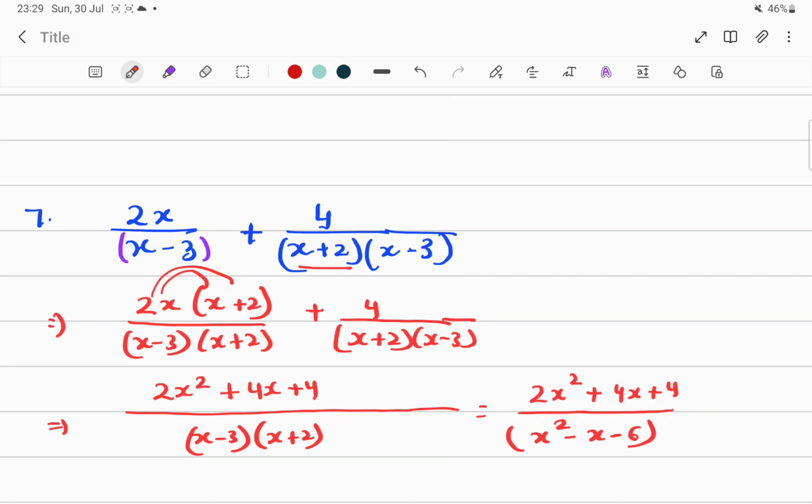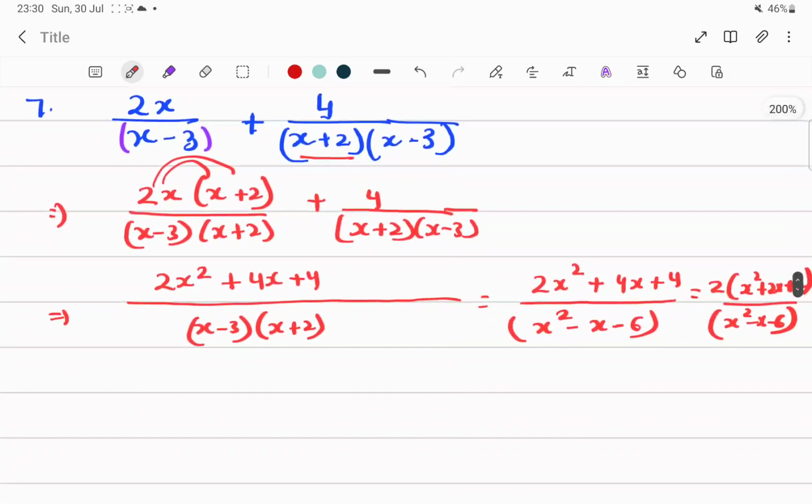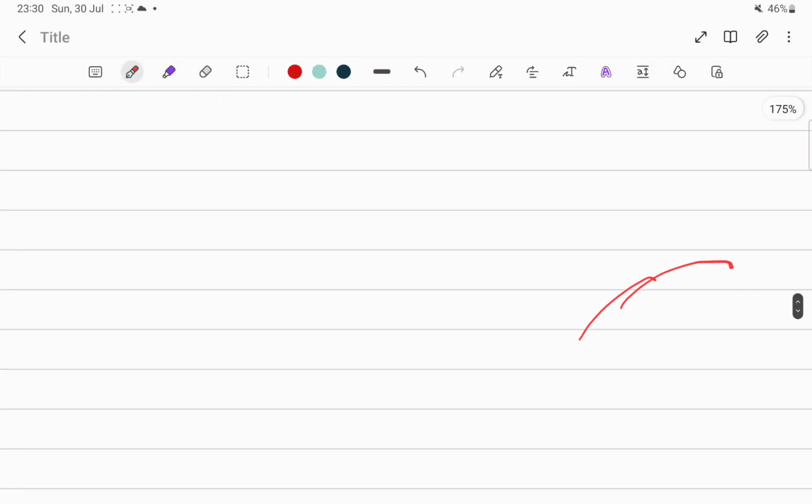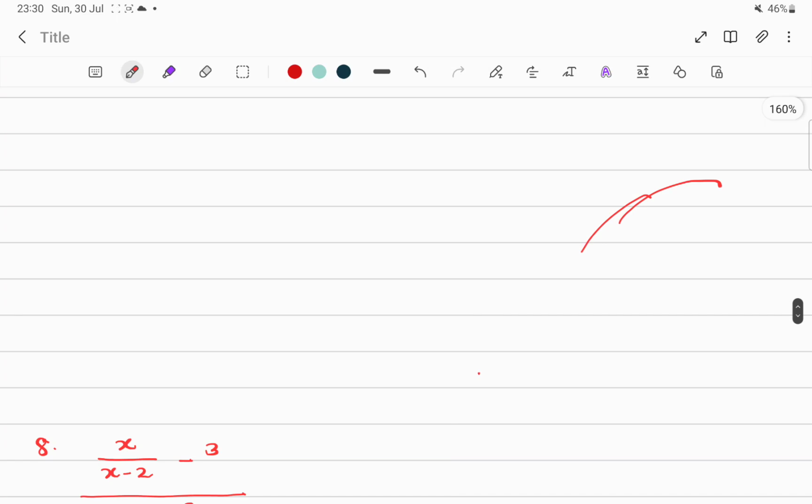You will see you cannot factorize it even if you take 2 times x squared plus 2x plus 2. You always have to see if you can do that. If you can, always do it, otherwise you can leave your answer this way. The same way you can do all the questions of this type.